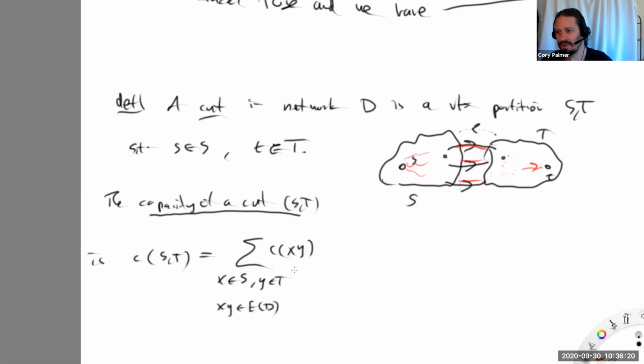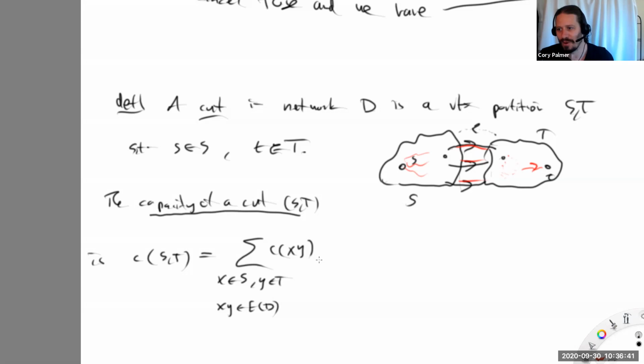But if you want to avoid this, you can just pretend that capacity is 0 on arcs that weren't drawn there. In fact, some people will talk about a network as being a complete digraph where all edges are available, and if you want an edge not to exist, you just assign capacity 0 to it, right? It's the same thing.